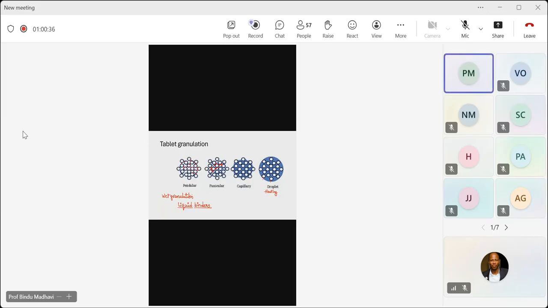Can you see the graph? No, no, just wait, it will come. Not yet.